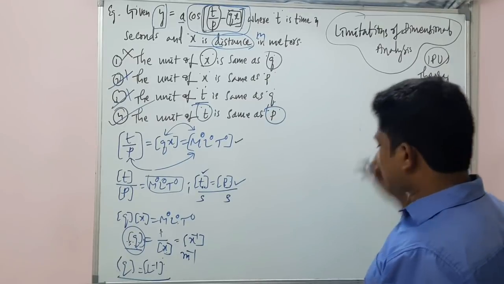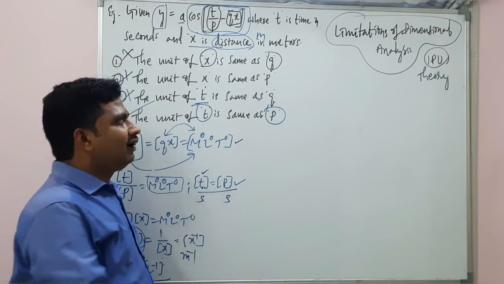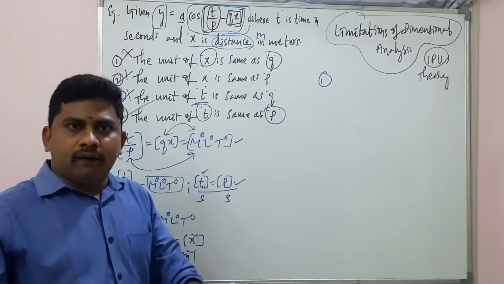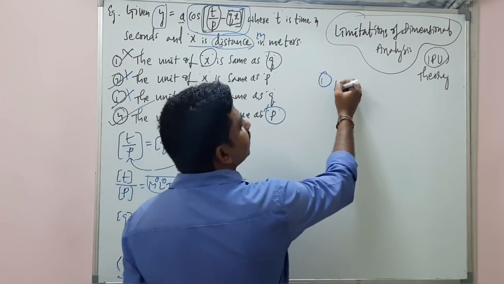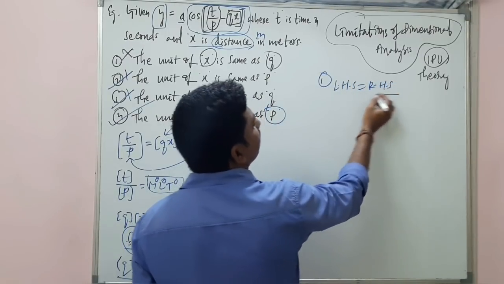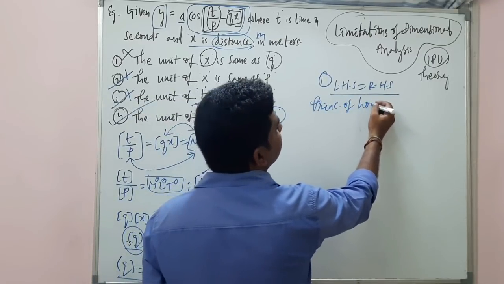In theoretical exam, this part is important. Let me tell you the first thing. By using principle of homogeneity, left hand side is equal to right hand side part. I hope you could understand. So that is what we say, the principle of homogeneity.